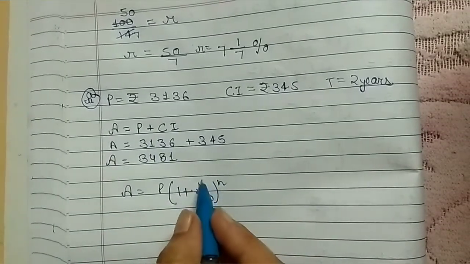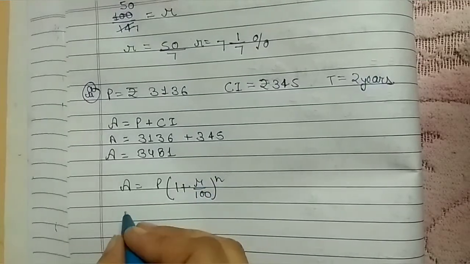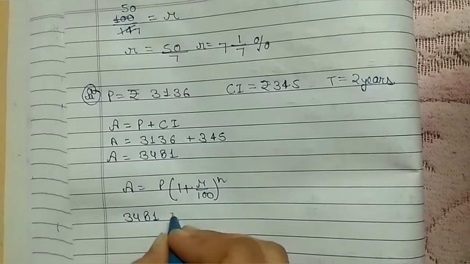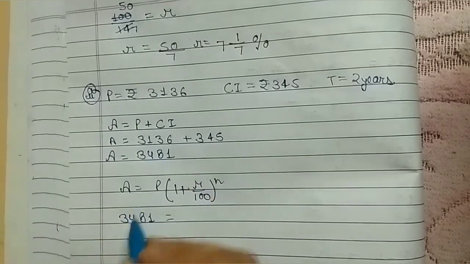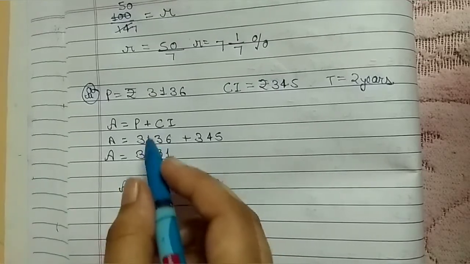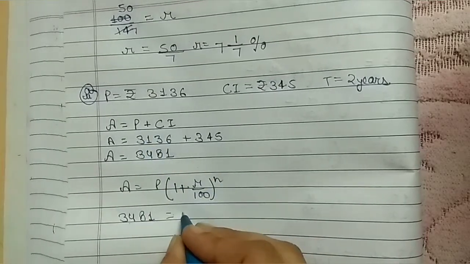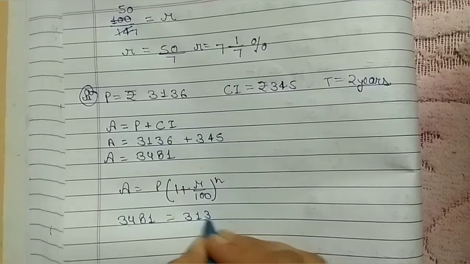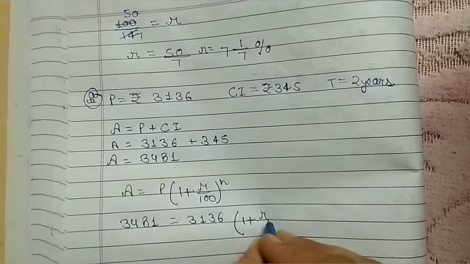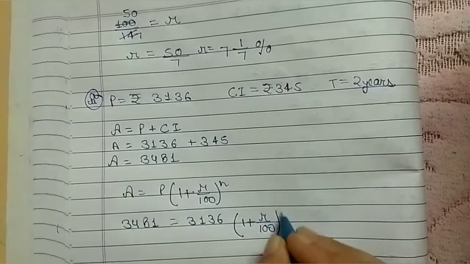By this formula we will get R. So A is 3,481, this we have found, equal to P is 3,136 (1 plus R upon 100), time is 2 years.